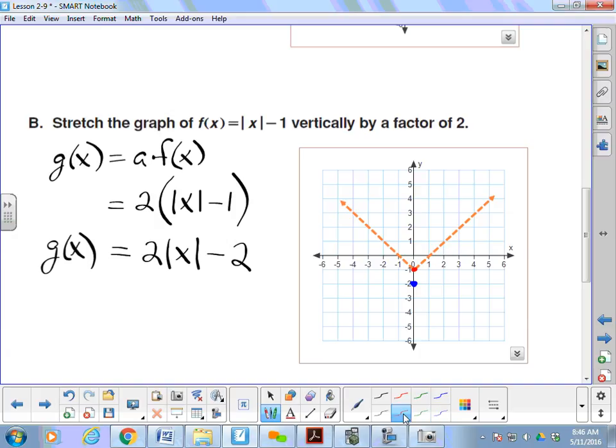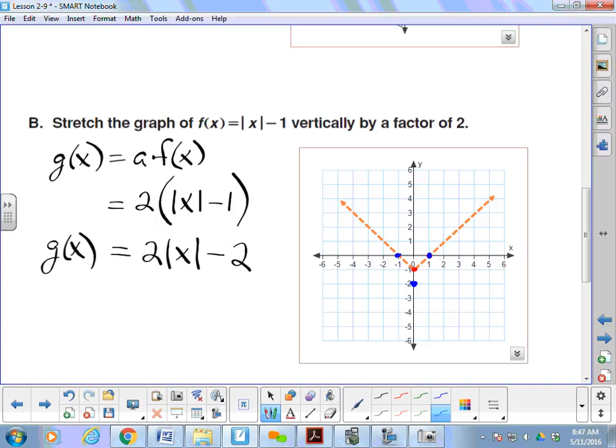Let's pick a couple other points. Let's look here at 0. Those two y values are 0. What happens when you multiply 0 times 2? You still get 0. So on my new graph, these are still going to be at 0. Let's pick another one, nice easy ones.